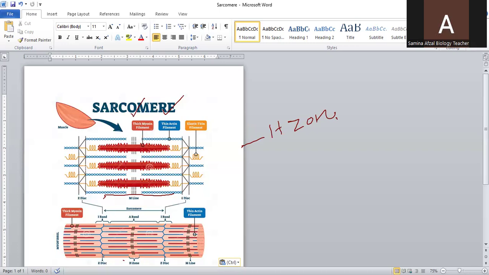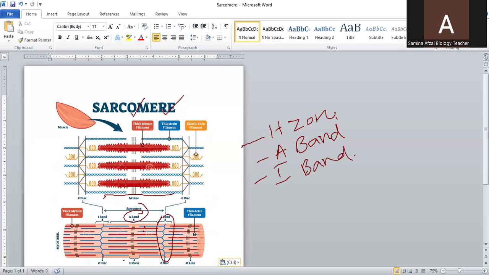Then actin and myosin, both are present. You can see actin and myosin both are present, so this is the A band. Only actin is present at this place, so this is the I band.